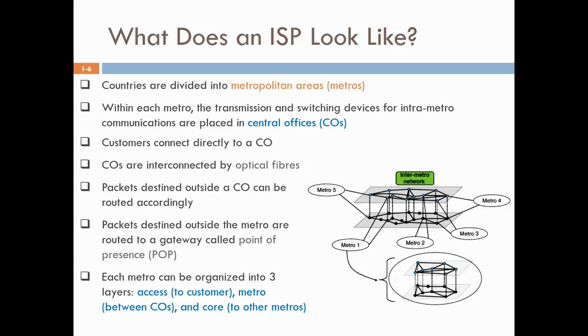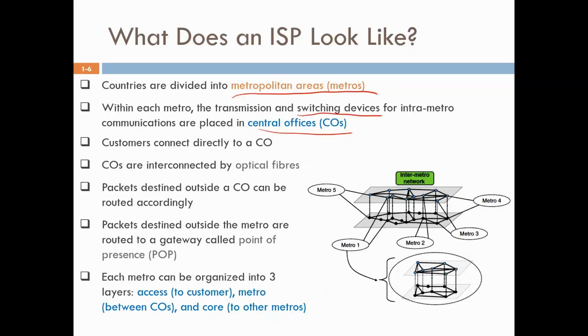First of all, we divide the entire region that the ISP serves, let's say we divide the entire country, into what are called metropolitan areas or metros. In these metros, we go and install the switching devices within the central offices. The metros can be, for example, the size of a city, or if you have a very big city, then it can be a part of the city.